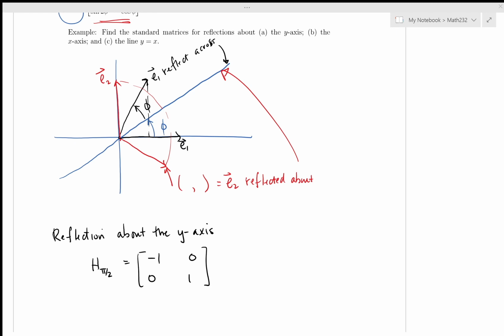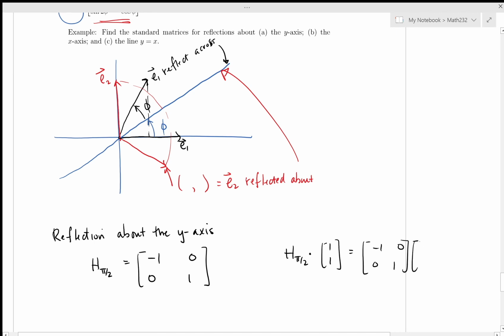What happens if I take h pi by 2 and I multiply it by the vector 1, 1? What will happen? Well, I'll do that multiplication. That will look like this. I'll multiply by 1, 1, and I get the vector minus 1, 1.